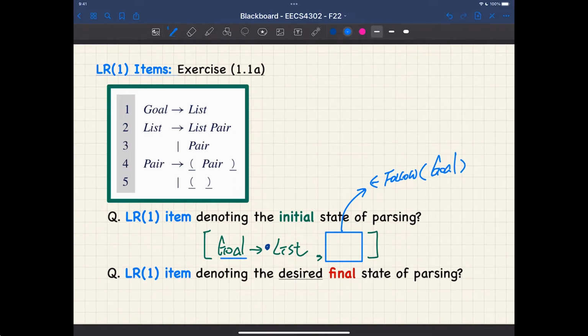I can tell you that the follow set for this one is actually straightforward, given that it is the start variable. What should that be? EOF, absolutely. It turns out there's only EOF over here, so only put EOF here. I thought we're good.